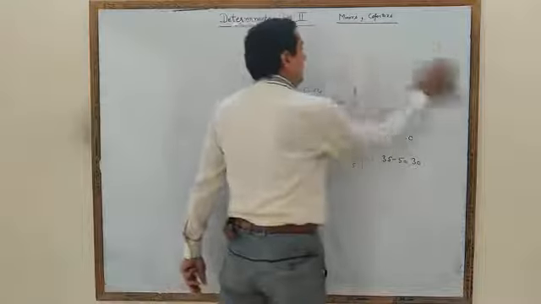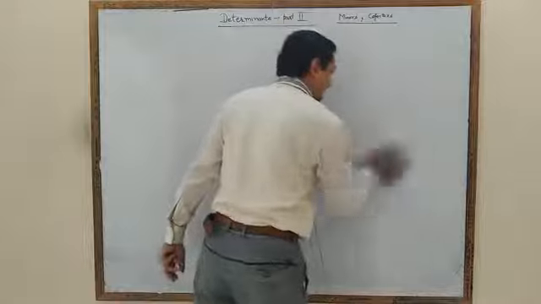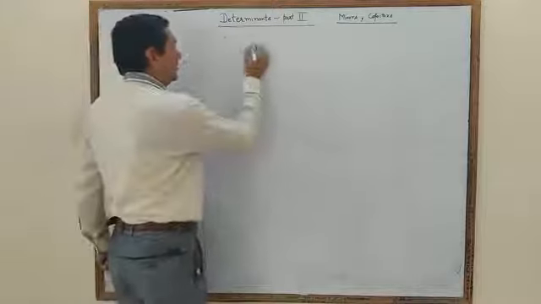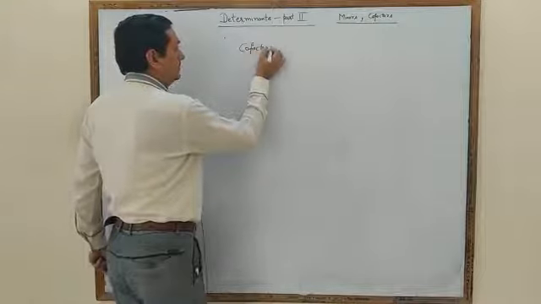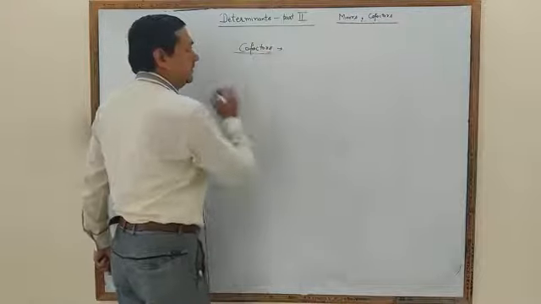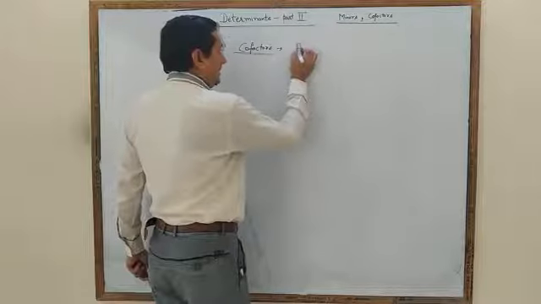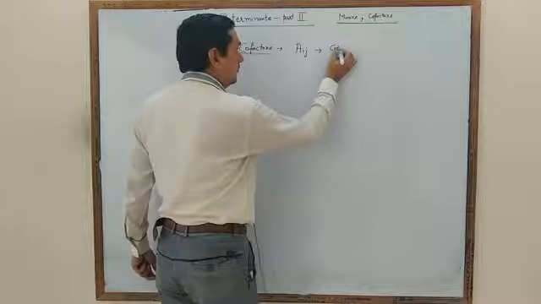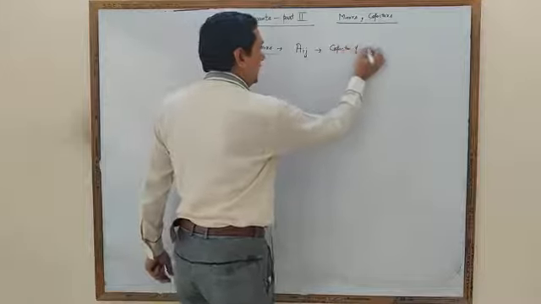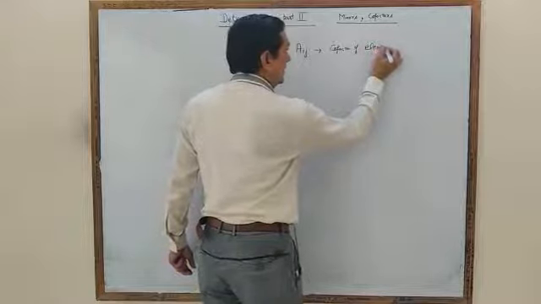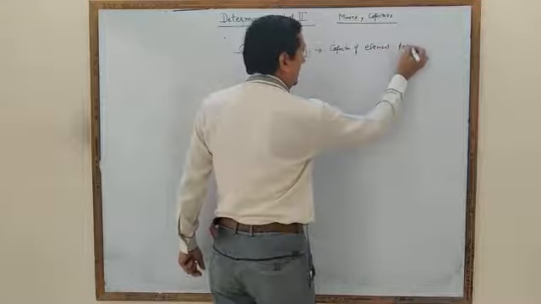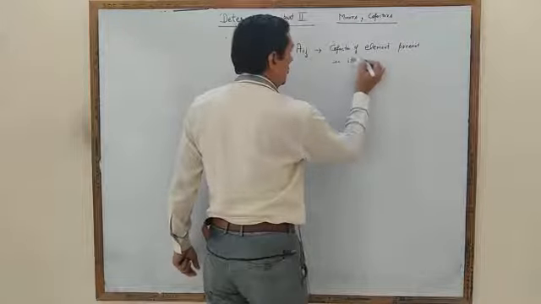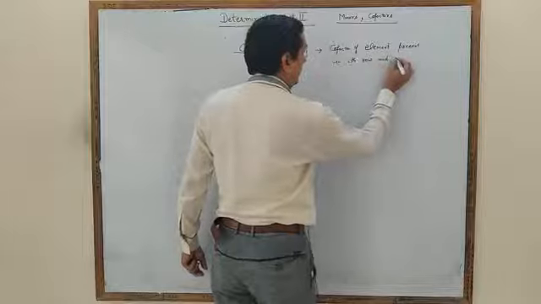Now our next topic is cofactors. Cofactors are represented by Aij. It means cofactor of the element present in ith row and jth column.